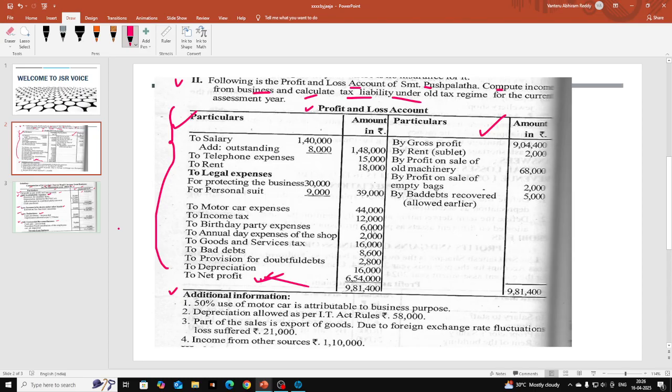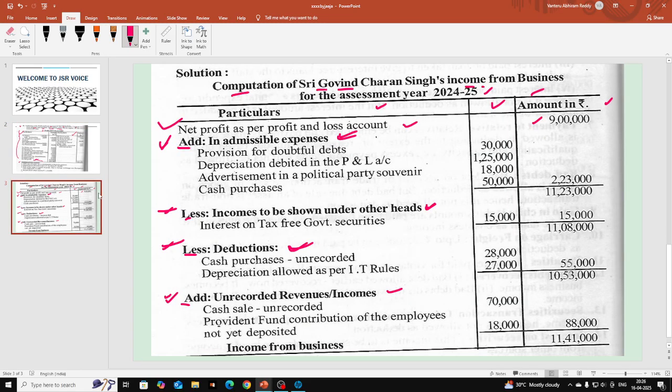I will repeat that. In the question, the debit side items they have recorded should not be recorded as per the Income Tax Act. We should see what those items are that should not be recorded on the debit side of the profit and loss account, collect them, and record them in the answer under inadmissible expenses.